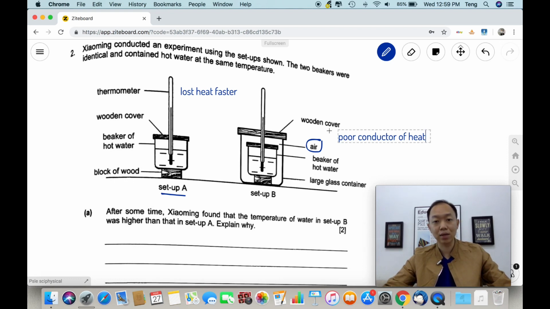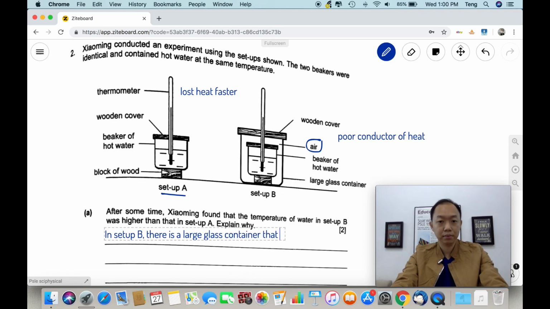The start is just to identify that in this setup B, we have the air that acts as an insulator. Okay, so in setup B, there is a large glass container that has air which acts as a poor conductor of heat.